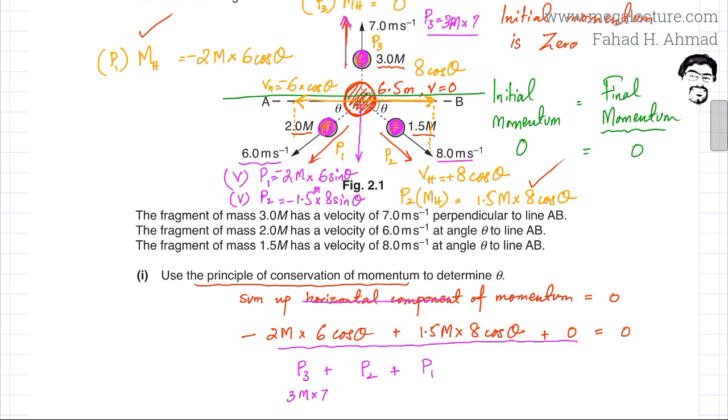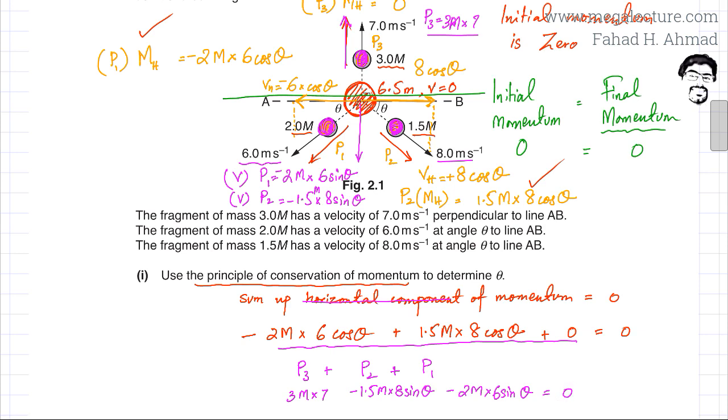For particle 2, it's minus 1.5m into 8 sine theta, and for particle 1, it is minus 2m into 6 sine of theta, and these vertical components must also be equal to 0.